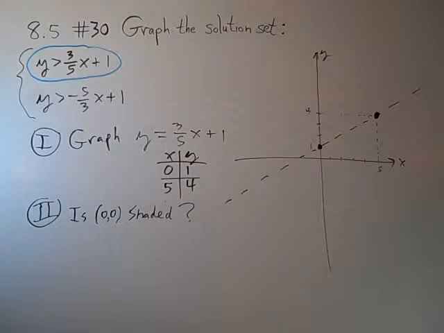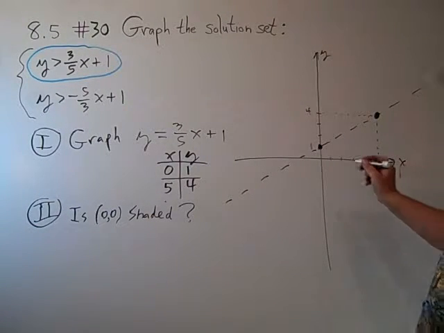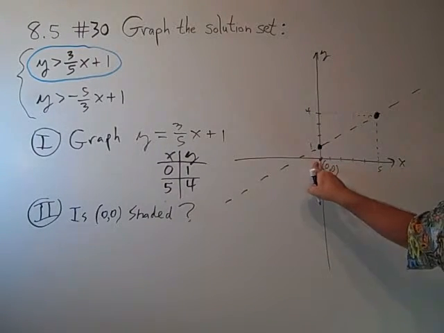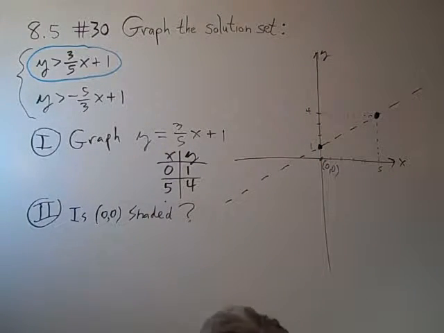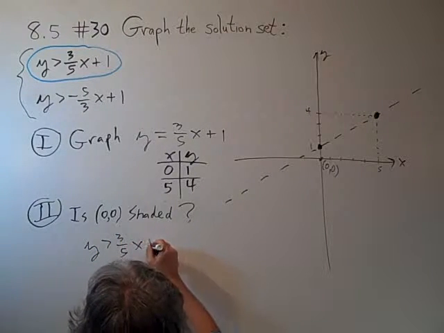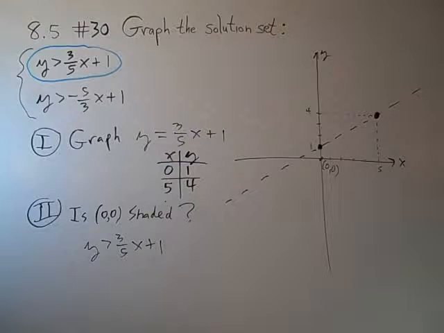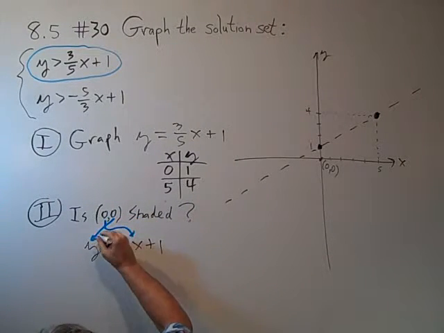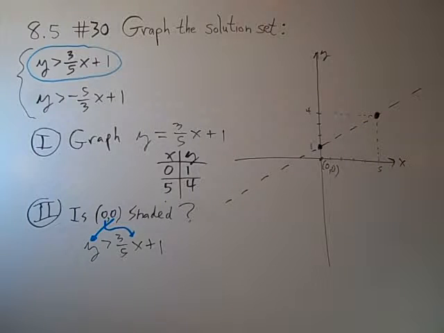Now we have to decide which side of that line to shade, and we can, as usual, ask, is the origin shaded? We answer that question by going to the original inequality and substituting x equals 0 and y equals 0, and seeing if the resulting inequality is true.